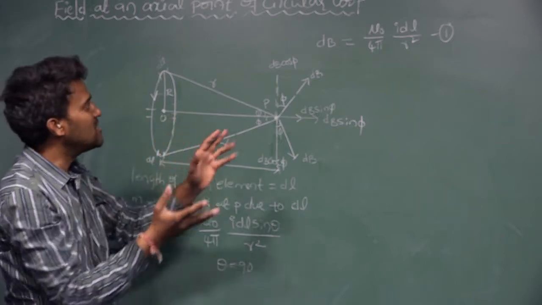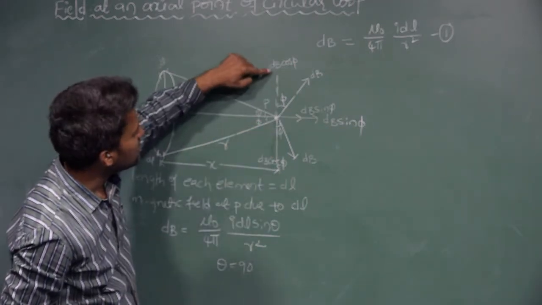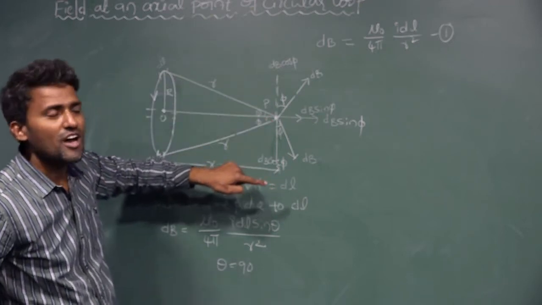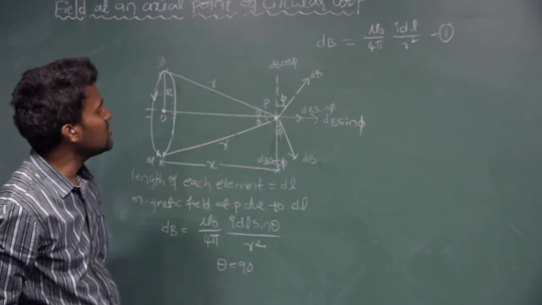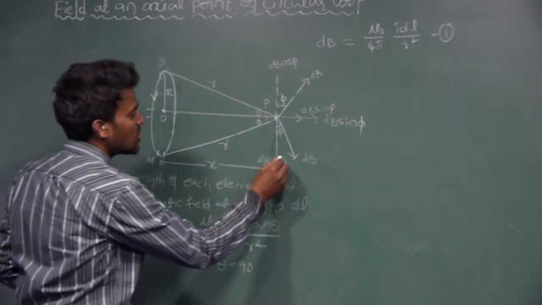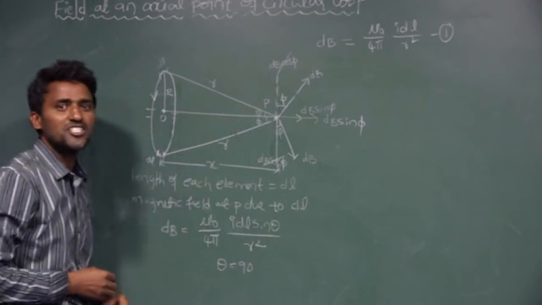At that moment, the vertical components, dB cos theta, one is acting in the upward direction and one in the downward direction. All those dBs cancel, but the horizontal components, dB cos pi, these are the horizontal components.